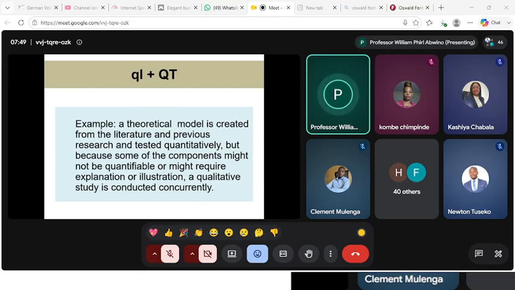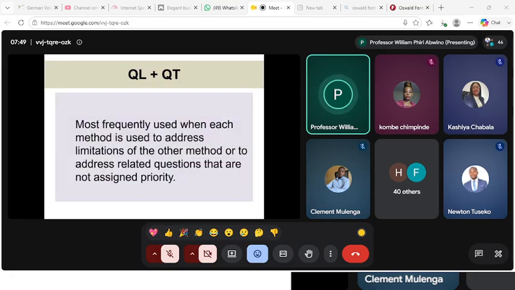But because some of the components might not be quantifiable or might require explanation or illustration, a qualitative study is conducted concurrently. Hence that is the specific mixed method research known as parallel convergent. We'll come to those later.